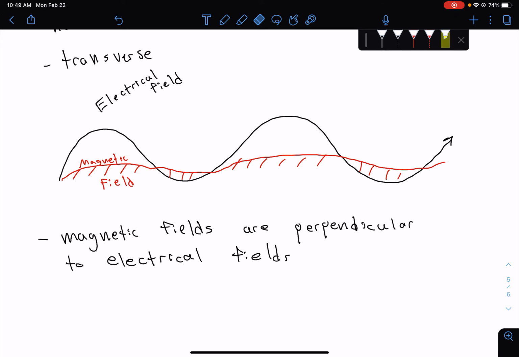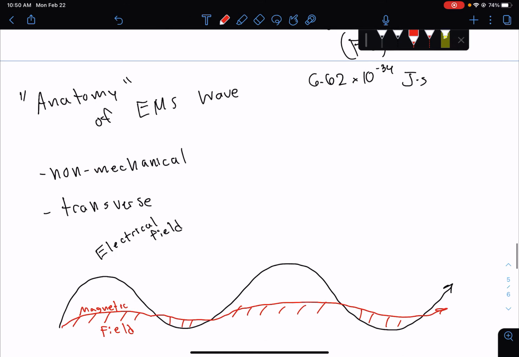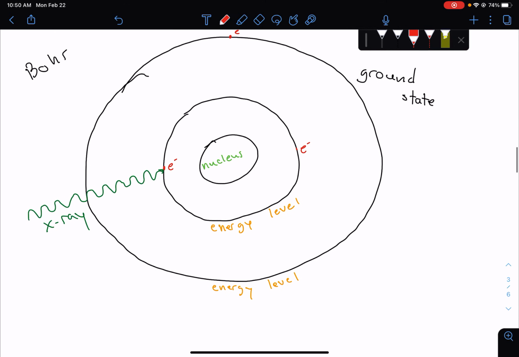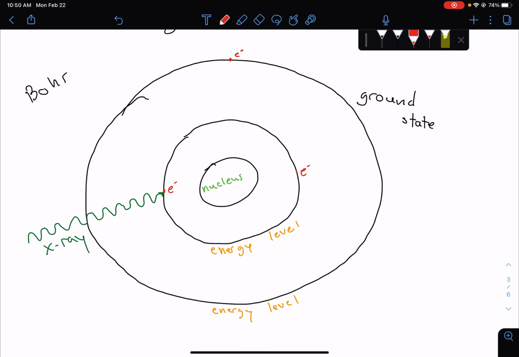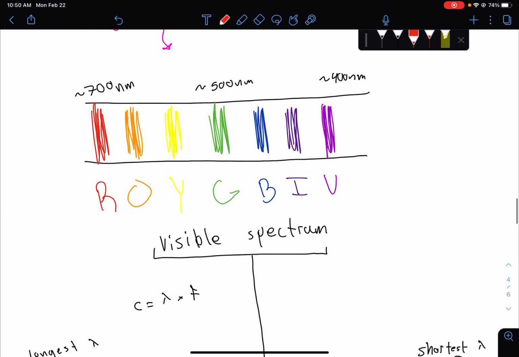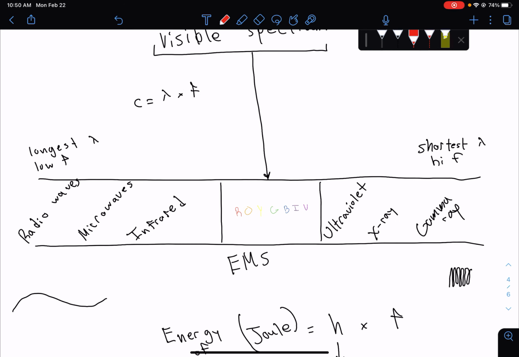All right. So yeah, that's the gist of electromagnetic radiation and the spectrum itself. So again, when elements get excited, they emit a wavelength of energy, and we can sometimes see this energy as visible light. Other times we might not, but that doesn't mean it's not there.